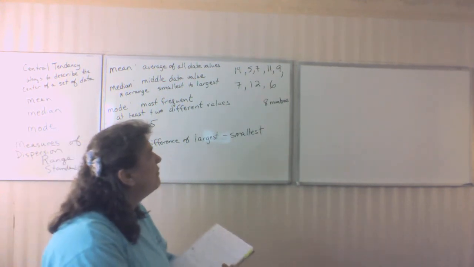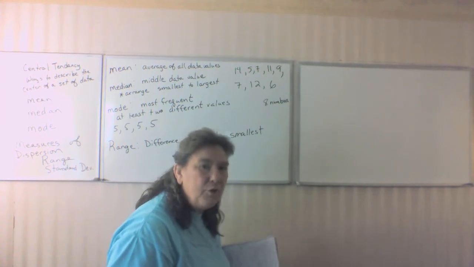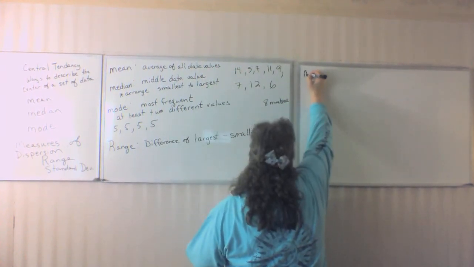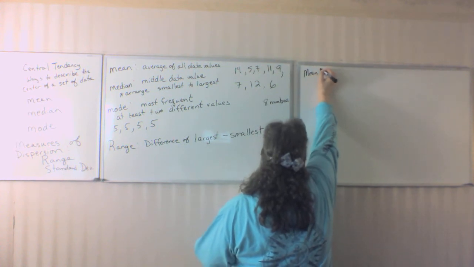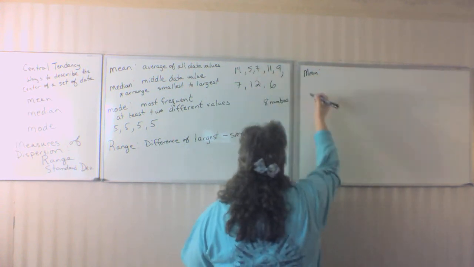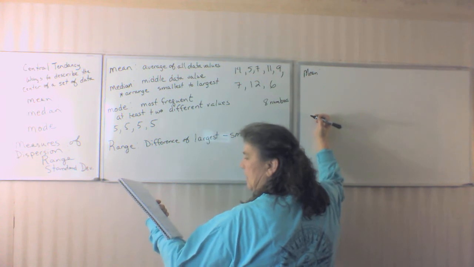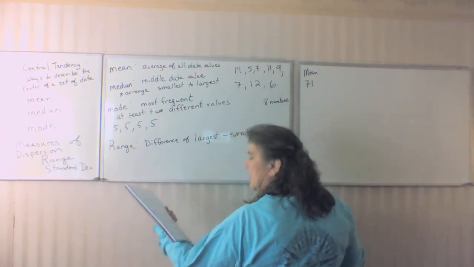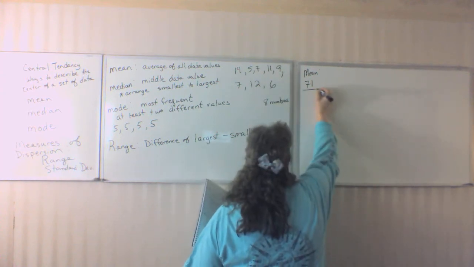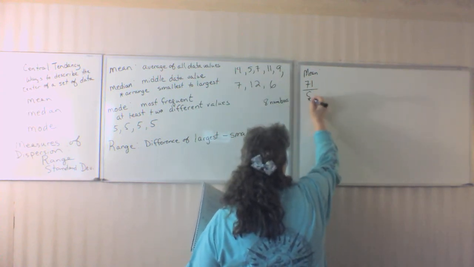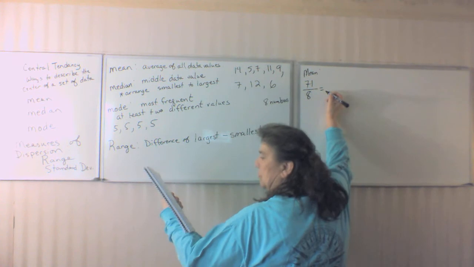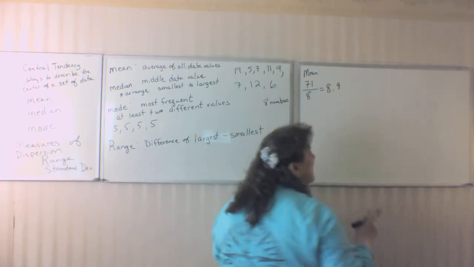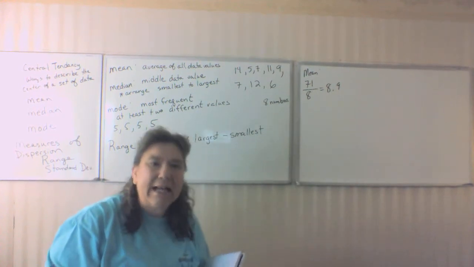So first of all, let's look at how do we find the mean of this set of data. So the mean is done by simply adding up all the data points, which is 71 is the sum of those data points, divide by the number of data points, and this is equal to 8.9. Notice, I didn't round it to 9, guys.